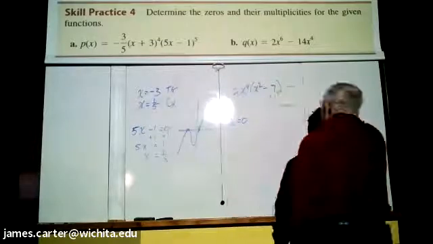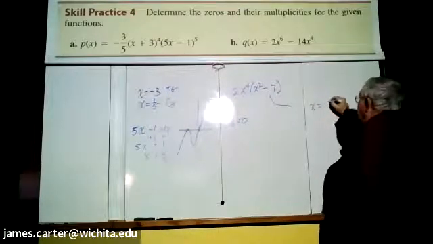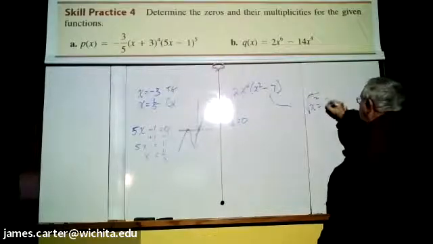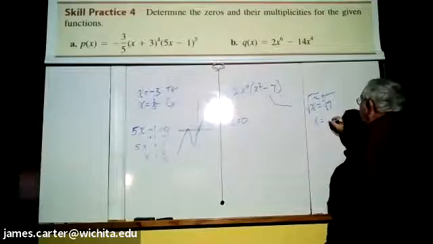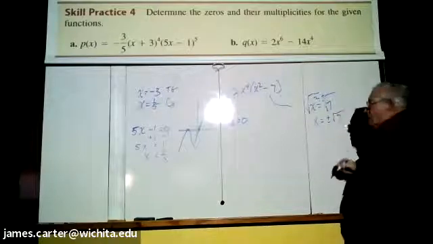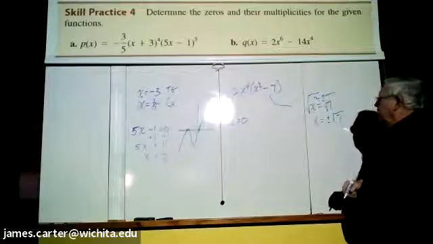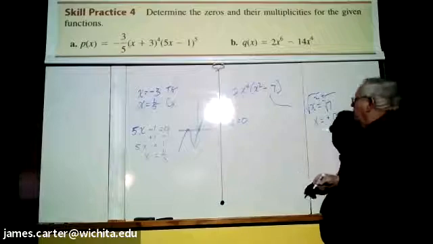But that, we've got to go over here, x squared equals positive 7. Take the square root of both sides, plus or minus, and we get x equals plus or minus square root of 7, which is about 2.5 something, I don't remember.